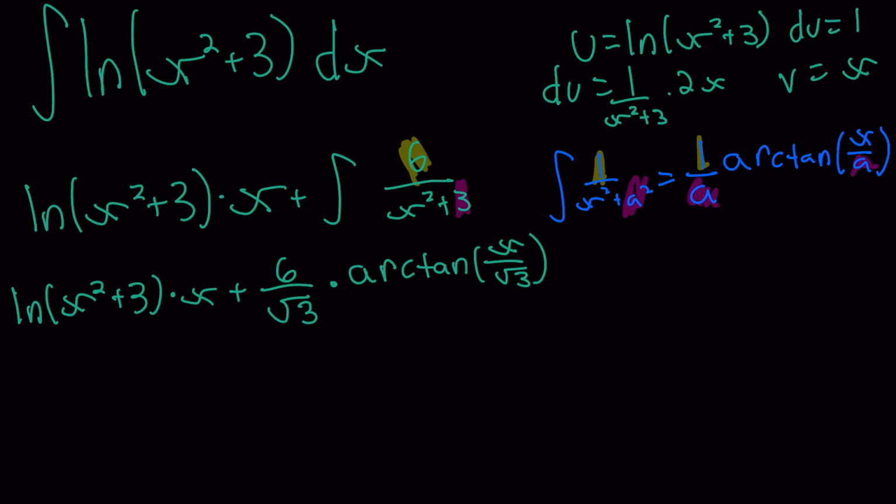Really cool stuff there, guys. Oh, plus c. Do not forget that plus c. But this is a good formula to know because this comes up a lot. Something we're going to have a number over x squared plus something else. And if you don't know this formula, you have to do some really weird stuff to figure it out. So just write this down somewhere.